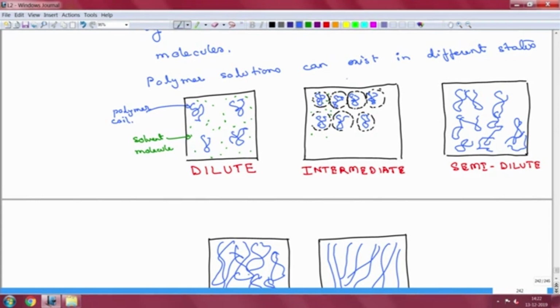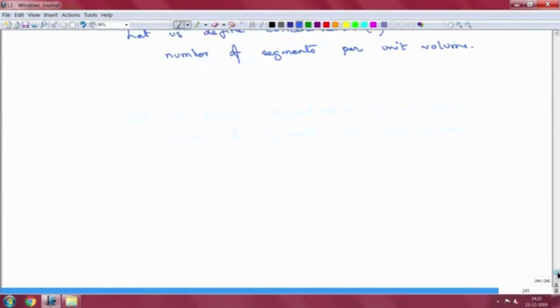This is a state which we would define as the critical state, where the concentration is of a critical nature. Then C critical is such that there are n segments per effective volume of a polymer coil.